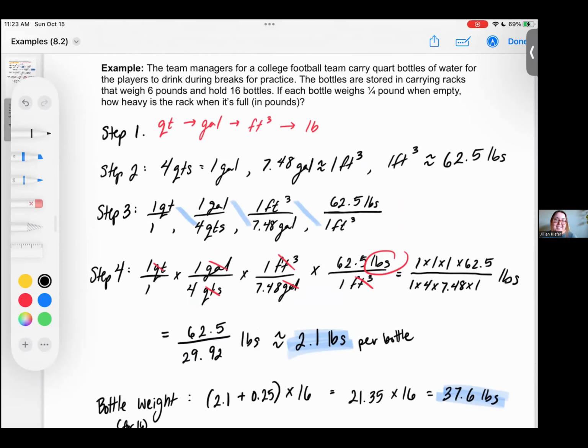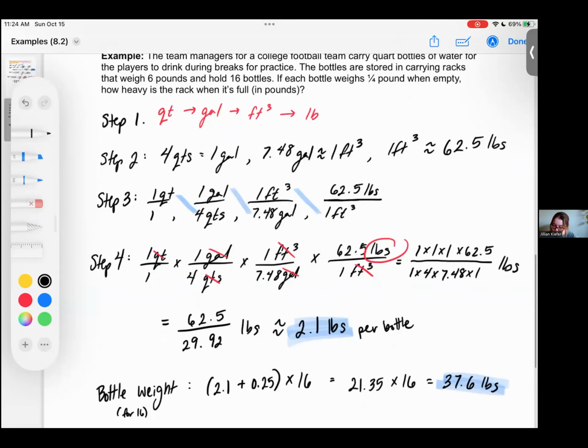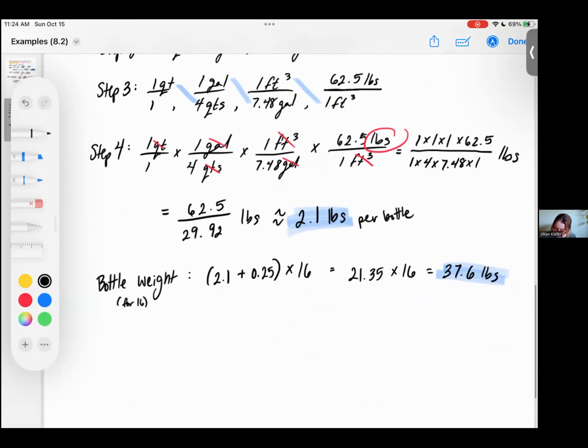And in addition to this, we have that each rack weighs 6 pounds itself. So when finding how heavy the rack is in total, when all the bottles are full, we take that bottle weight and we add 6. So that's how much the rack weighs as well. So we can find the total weight.